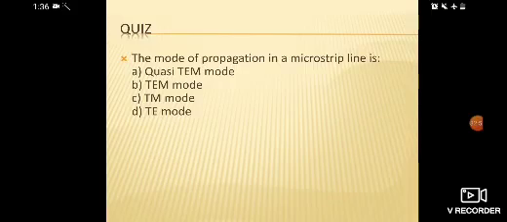What is the option? The mode of propagation in a microstrip line: the first option is quasi TEM mode, the second option is TEM mode, the third option is TM mode, and the last one is TE mode. What is the answer? Please note this question.